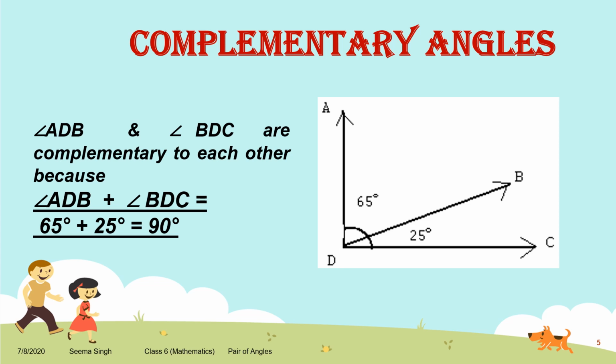When we add angle ADB and angle BDC, they sum up to 90°. So, we have seen that angle ADB is complementary to angle BDC because the sum of these two angles forms a right angle. I hope we are clear till here.